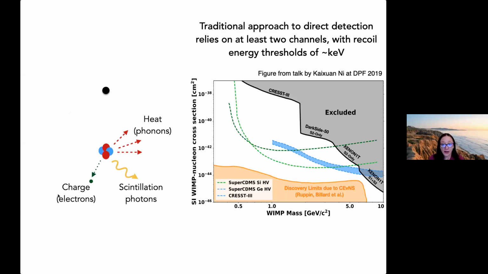A lot of the experiments looking for dark matter above the GeV scale are focusing on at least detecting two of these channels of the recoiling nucleus, reconstructing that nuclear recoil energy. That's working right now for recoil energies of about a keV, with very strong exclusion limits on the dark matter nucleon cross-section above the GeV scale here.